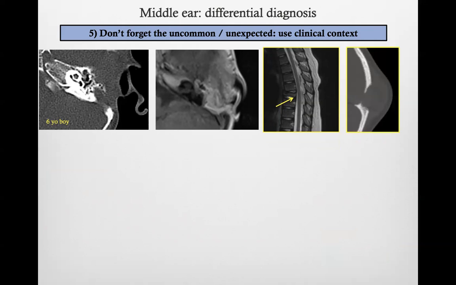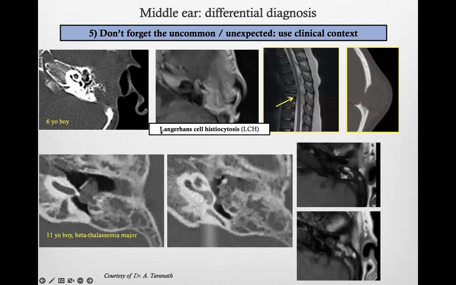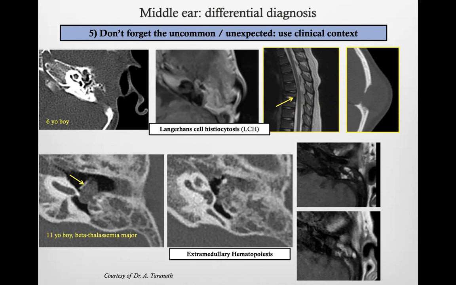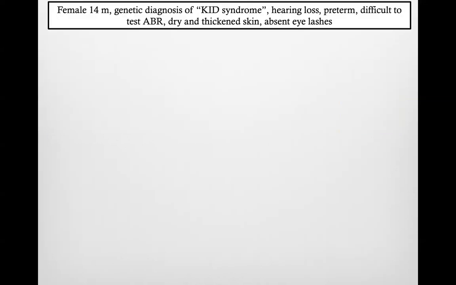So the context is important, but remember LCH, yeah? And also, this is an amazing case from Dr. Taranat, a boy with beta thalassemia major, and this was extramedullary hematopoiesis. It's very difficult to make this diagnosis on radiology alone. That's why it's so important to keep a dialogue with your clinician.